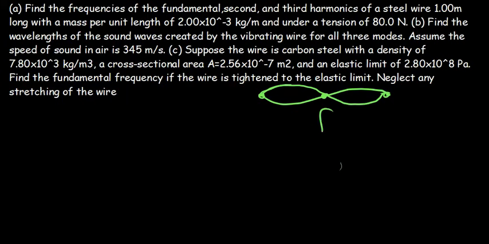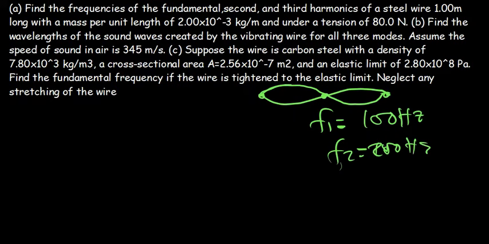The first fundamental frequency we said is 100 from the first question, from part A. The second one was 200. The third one was 300, and we've been told that the speed of sound, we need to use 343 meters per second. So we want to find the wavelength.